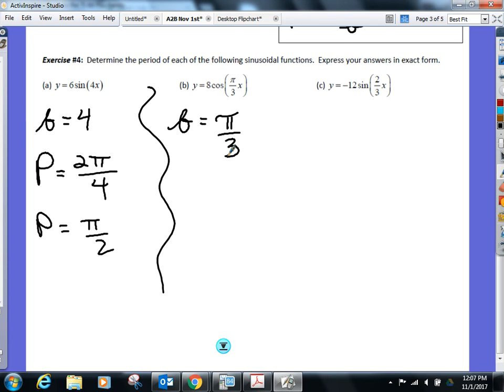Okay, period now. Now we're going to have to do a little algebraic work. 2 pi divided by pi over 3. 2 pi divided by frequency. We know how to handle this. We've been doing it all year long. Keep the top. What do you want me to do? Yep, you know, go.